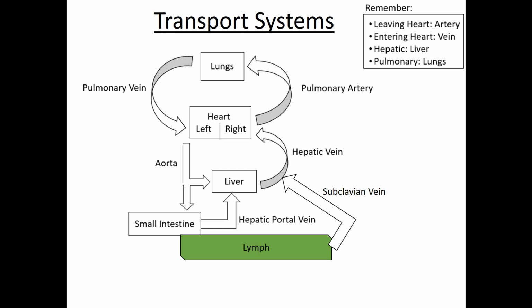So for the nutrients that couldn't be picked up by the bloodstream directly, instead they're going to filter into what we call the lymph, and through there they have access to the subclavian vein, which is actually a vein that empties out into the hepatic vein. So it opens up to the hepatic vein, which is actually a larger entryway for those larger fats.